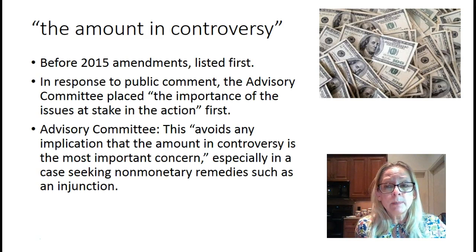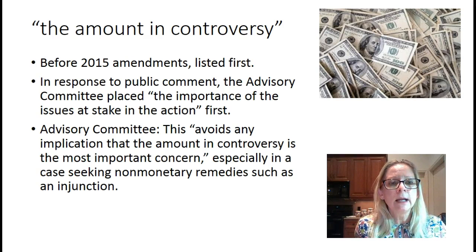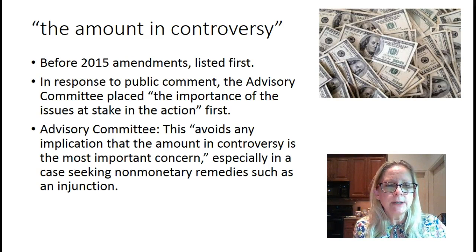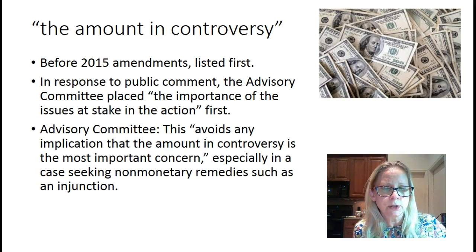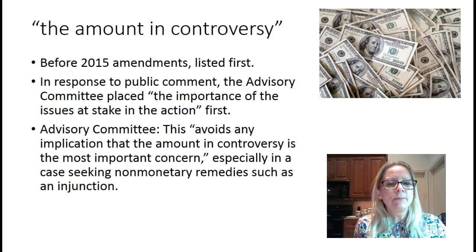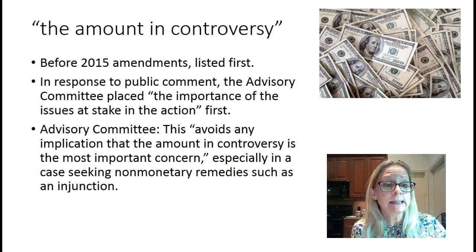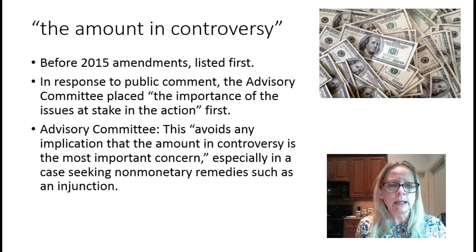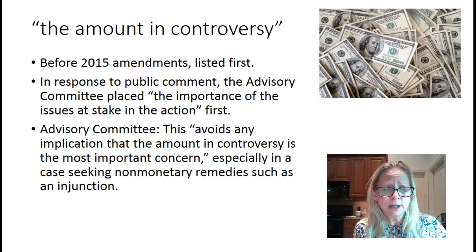In response to some public comments that were critical of the changes to the scope of discovery, the advisory committee placed the importance of the issues at stake in the action first. And they said this avoids any implication that the amount in controversy is the most important concern, especially in a case seeking non-monetary remedies such as an injunction.